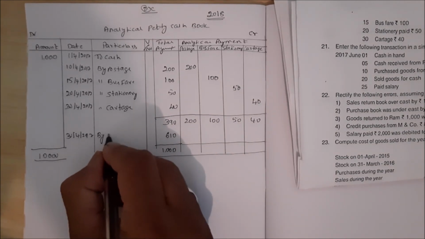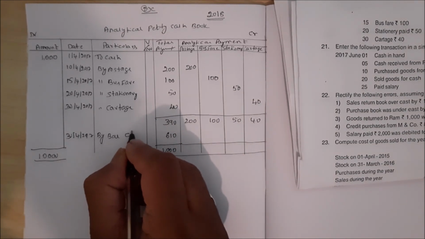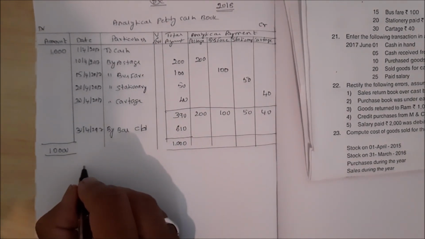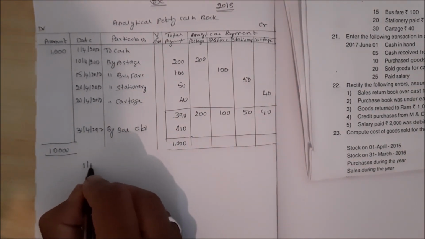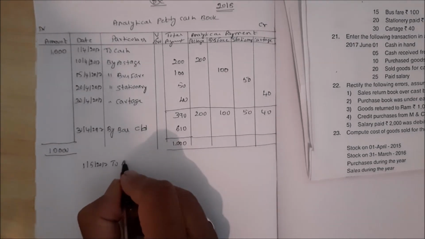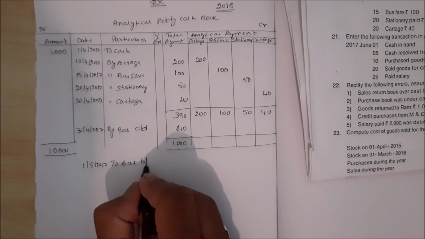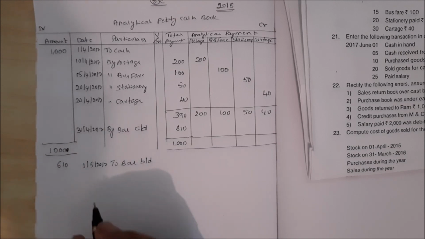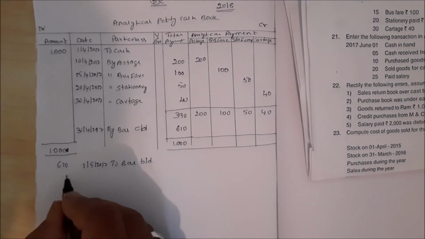By balance carried down 610. Then on the next month, first, 1/5/2017, to balance brought down, it is 610.